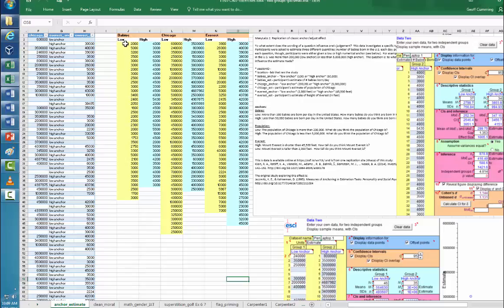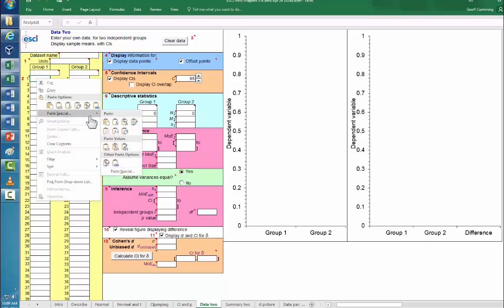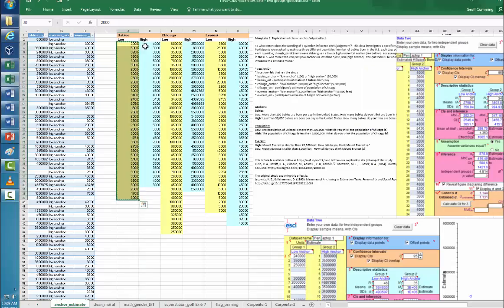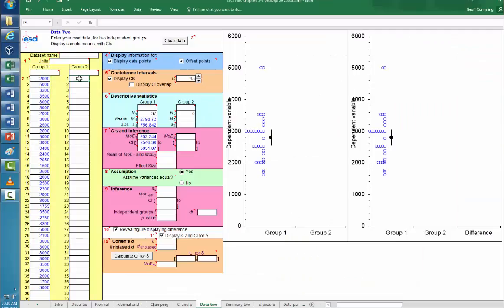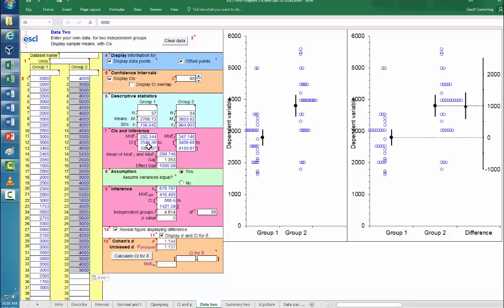I'm going to look at babies born, collect the low data and copy, and come back to here, right click for paste values, and go back to the file for the high anchor data. Copy back to ESCI and paste values. There they are.